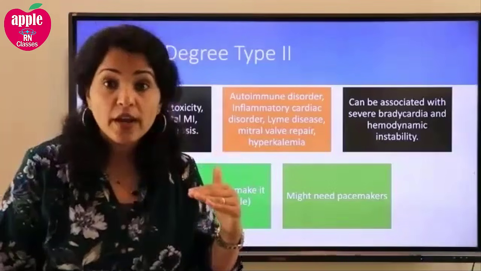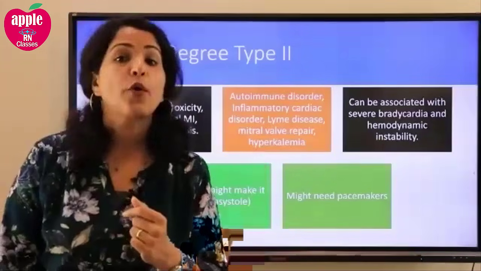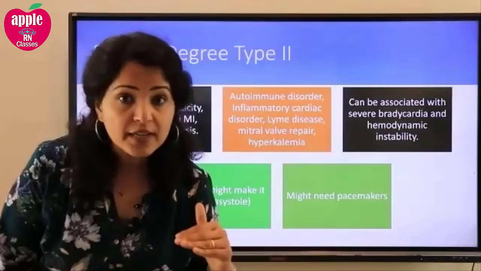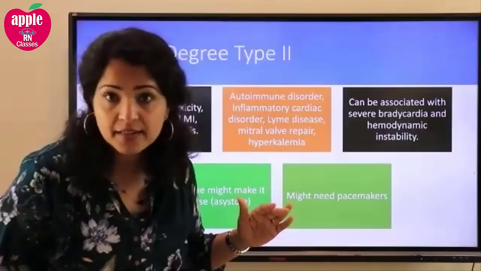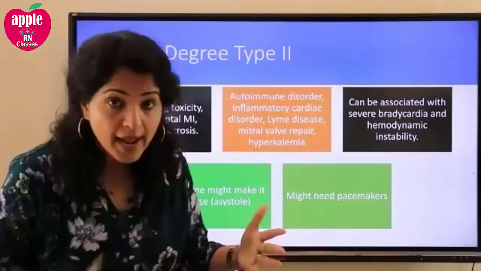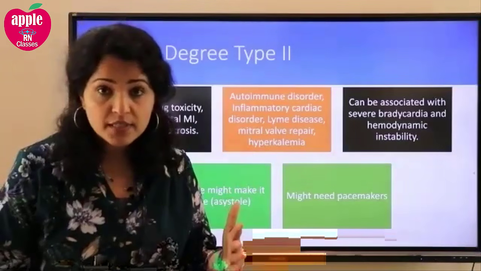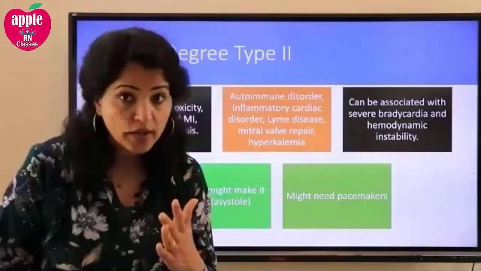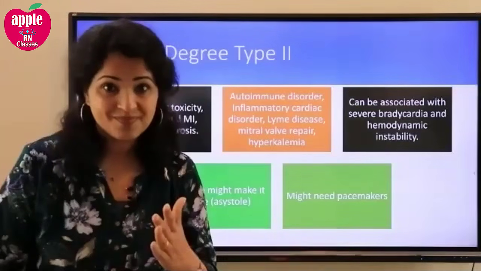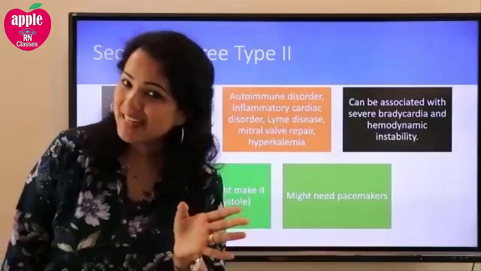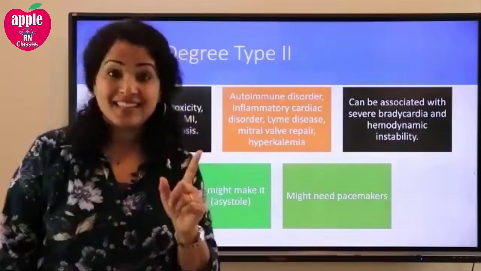They can go into complete heart block real quick. We don't want to wait for that. There is no time for counseling here. Things are already out of our hands. We are going to go direct to the pacemaker and do what is required, right? So it's going to be pacemaker. Got it? Okay, that is second degree type 2.